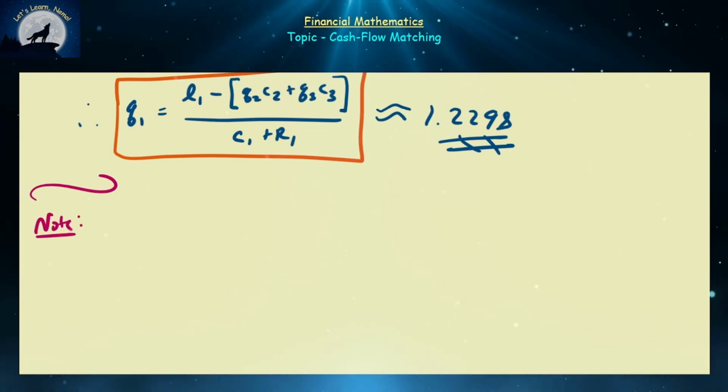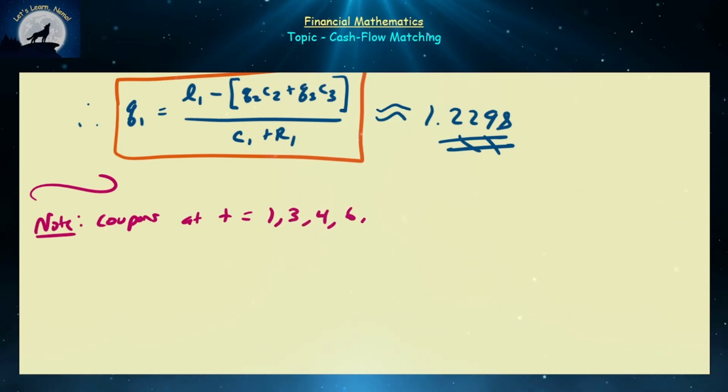Now let's just make a couple notes here to sort of close off this discussion, since now we have cash flow matched our portfolio, or we have immunized our portfolio of liabilities with respect to cash flow matching. So the coupons at times t is equal to 1, 3, 4, 6, 7, 8, and 9.